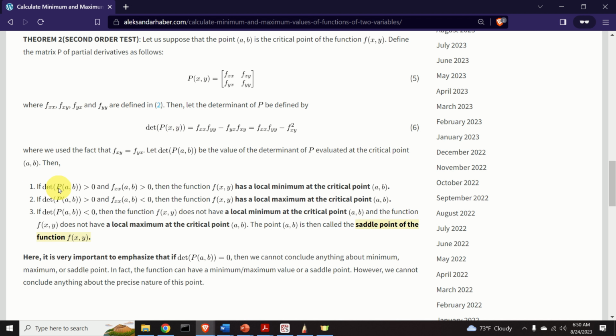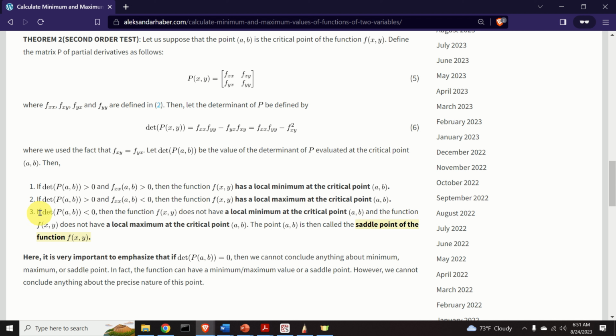If the determinant of our matrix P at the critical point is larger than 0, and if this fxx partial derivative evaluated at the critical point is larger than 0, then our function has a local minimum at the critical point. On the other hand, if the determinant is larger than 0, and if this partial derivative is smaller than 0 at the critical point, then the function f has a local maximum at the critical point.